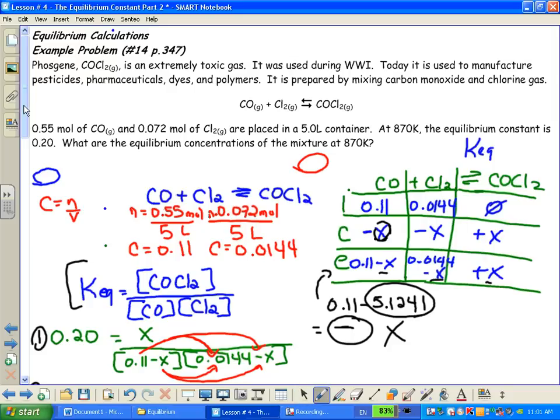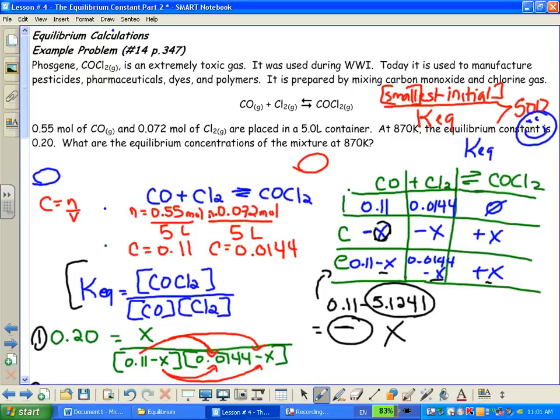So if you want to test to see if you need to keep the x or you can get rid of the x, you're going to take the smallest initial concentration and divide it by your K, your equilibrium constant.